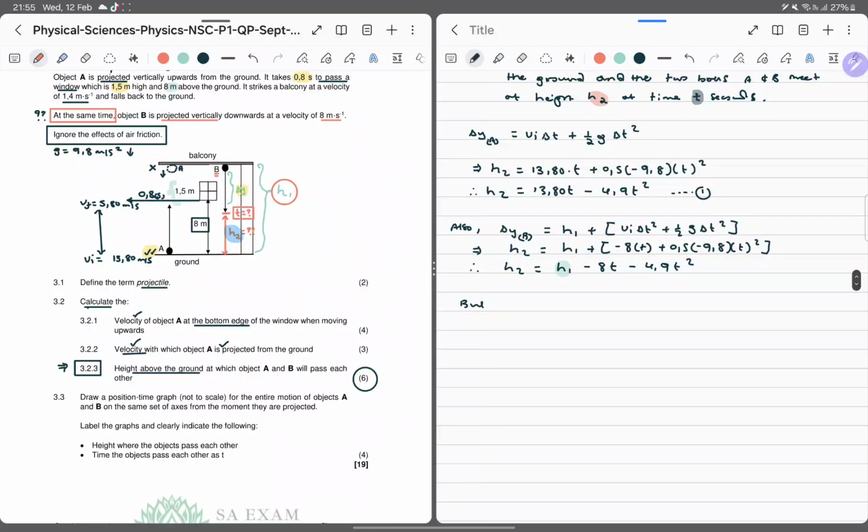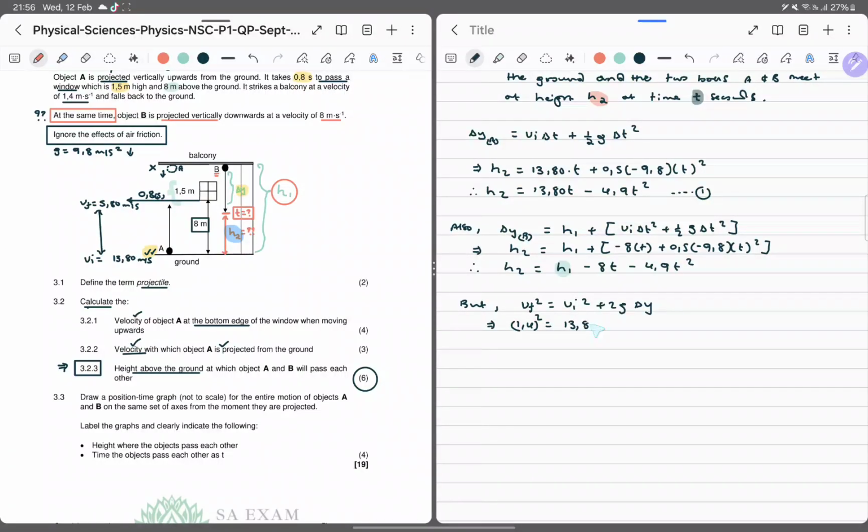But we know that the final velocity squared equals initial velocity squared plus 2g delta y. This is for ball A, because we know the initial velocity now. We know its final velocity when it hit the top of the balcony. So we can find h1. This implies 1.4 squared is equal to, what was the initial velocity?